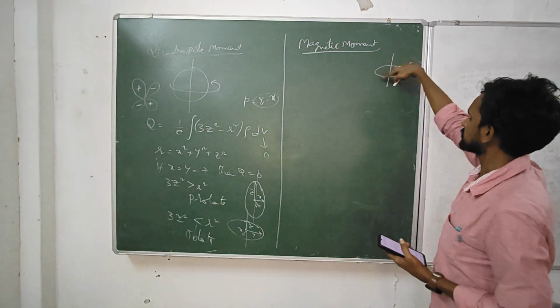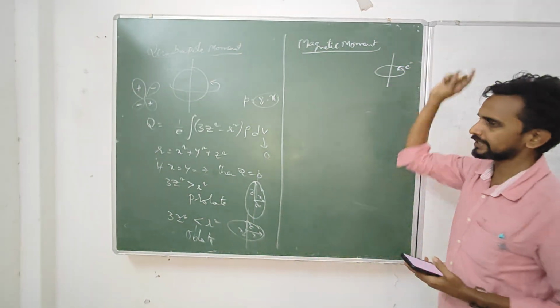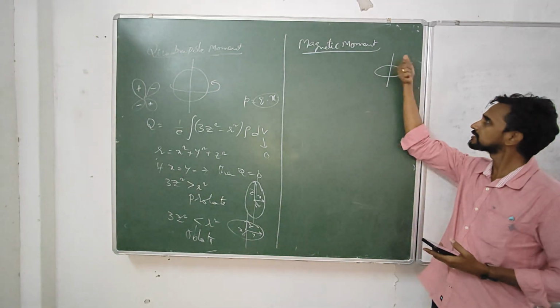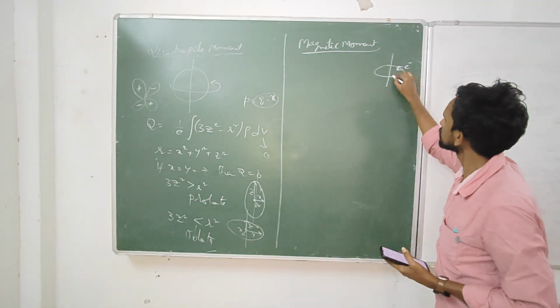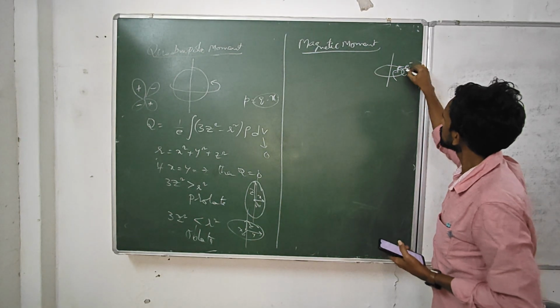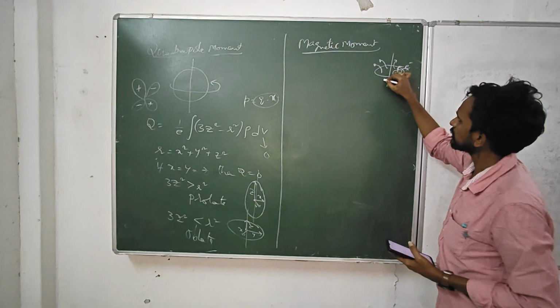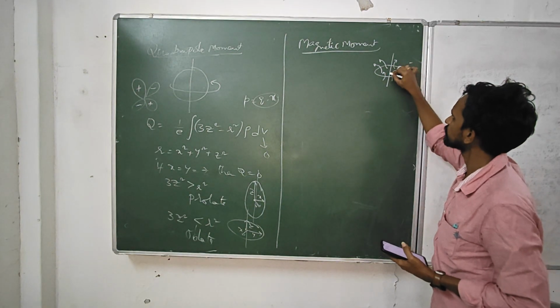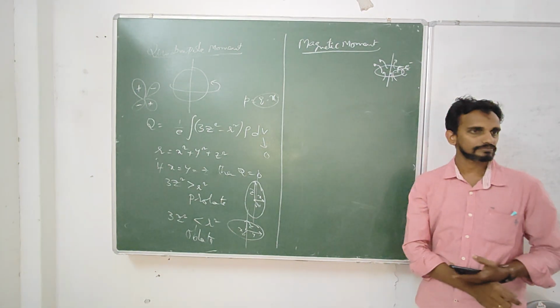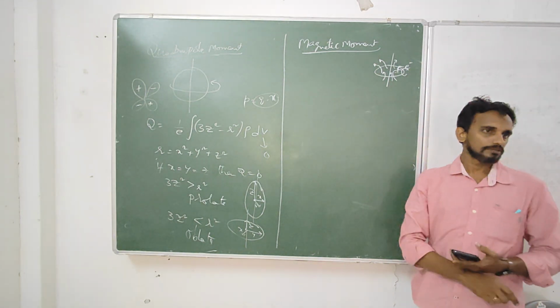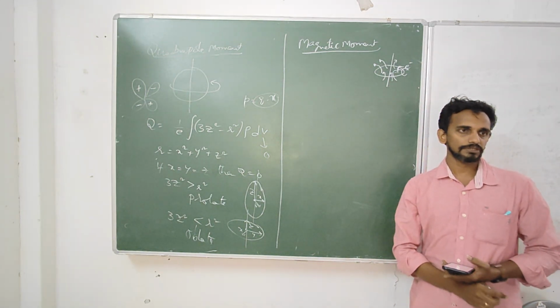So if the charged particle moves in anti-clockwise direction, what is the direction of magnetic field? It will be expelling out of the loop. Always it will be expelling out of the loop.